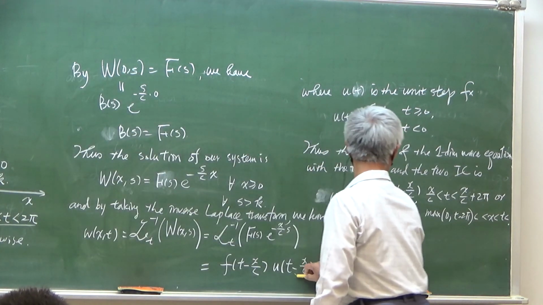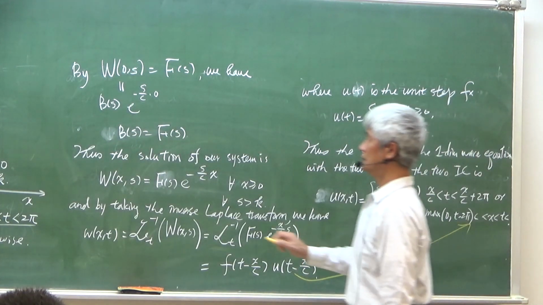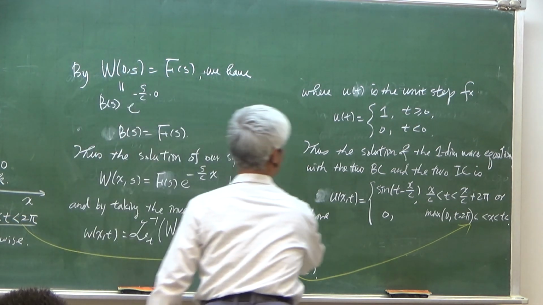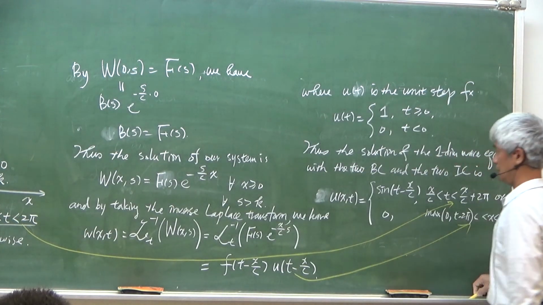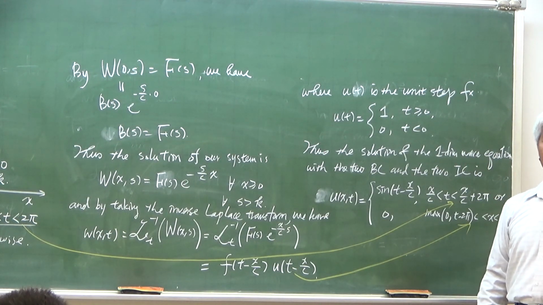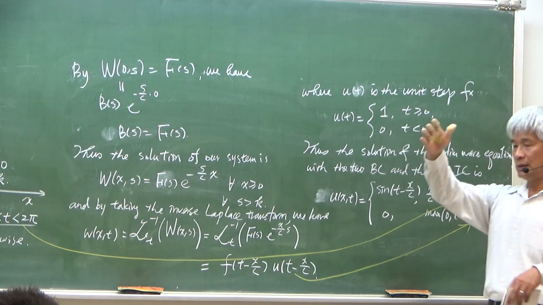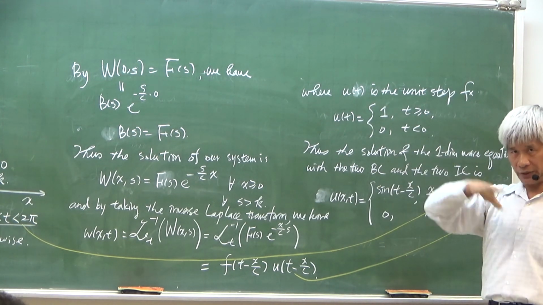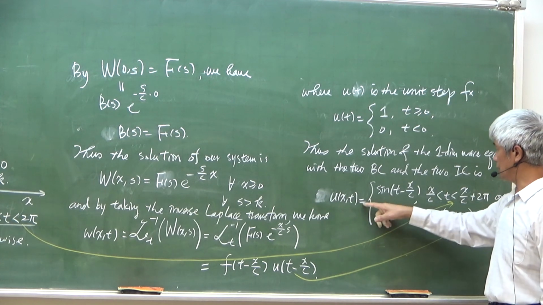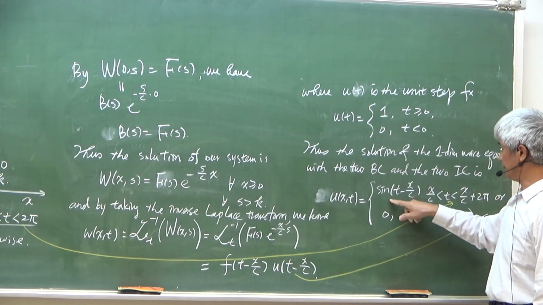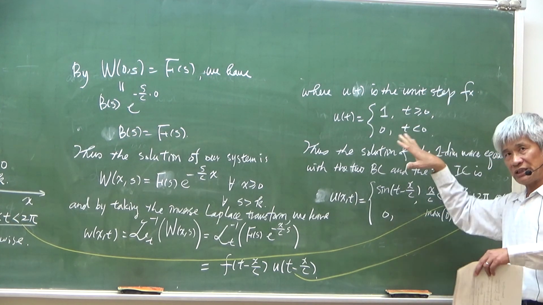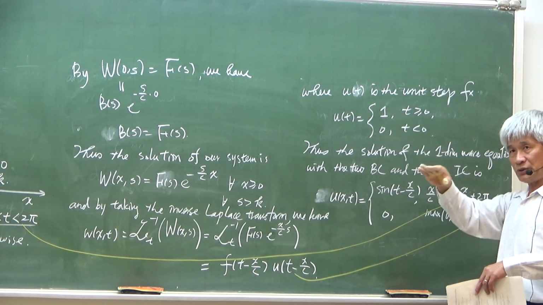So this gives us this one, and this one gives us this. When you plot the time and space diagram, you will see the phenomenon, the wave propagation through the string.